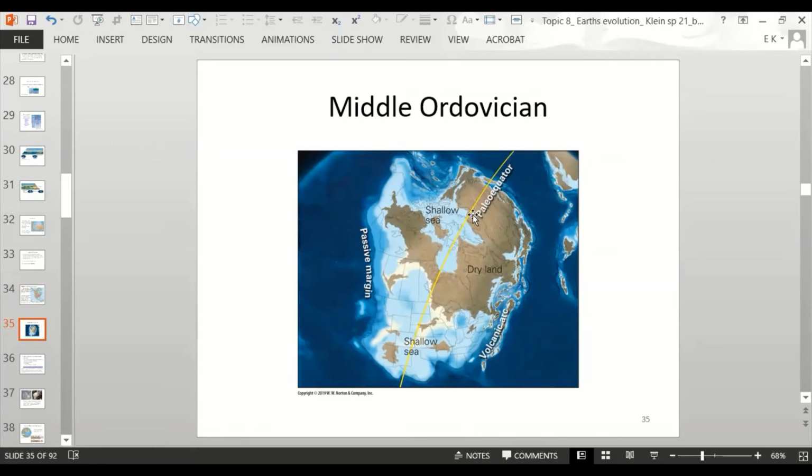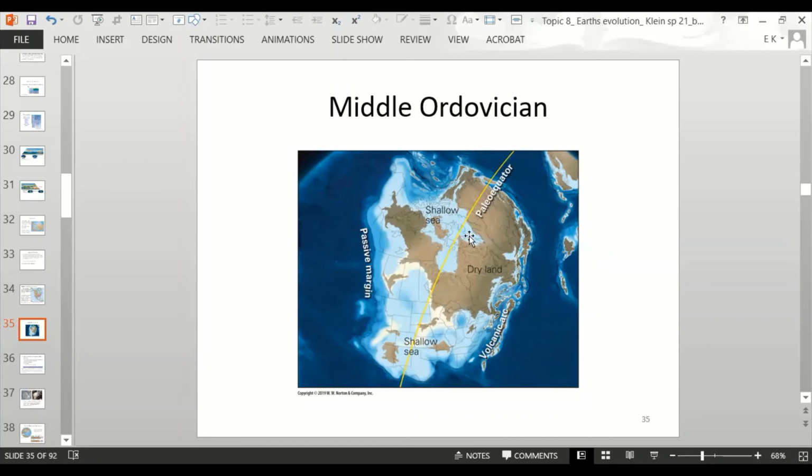And then note where the equator was. The equator is in the same spot as it is today. It's showing you the orientation of North America in the same orientation it is in today, so that we understand where in North America was under seawater. So then they're showing you where the equator was. But really this piece of land should be in a different orientation.